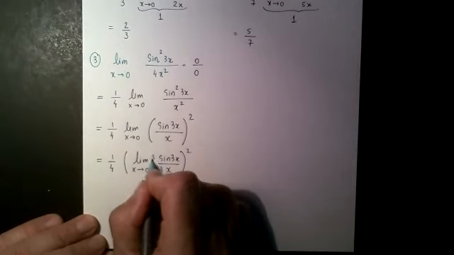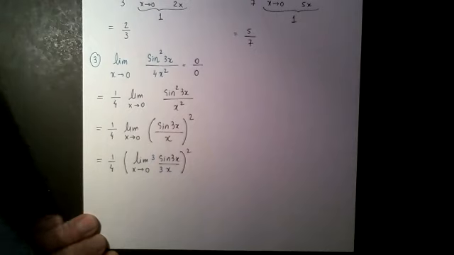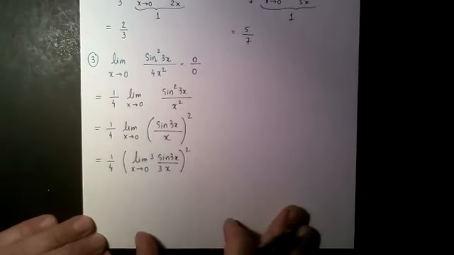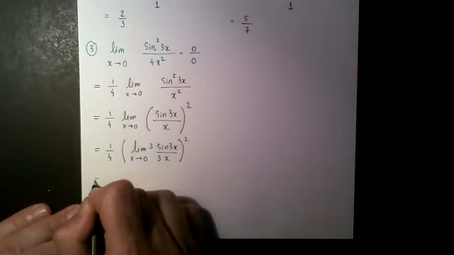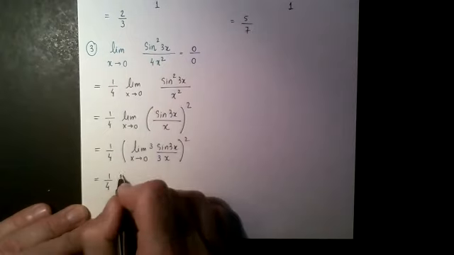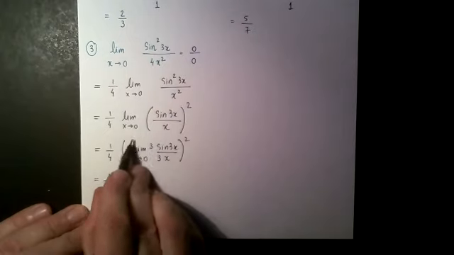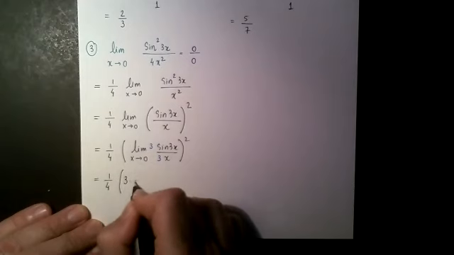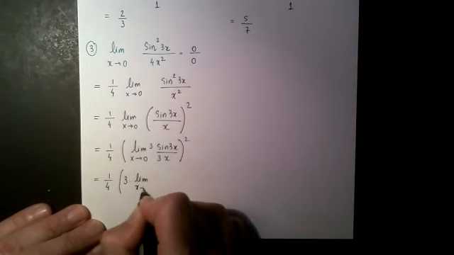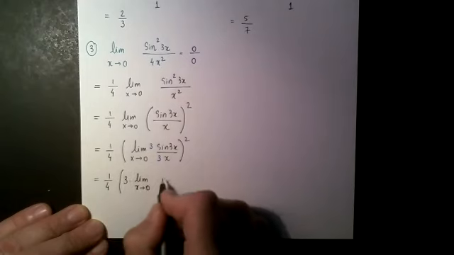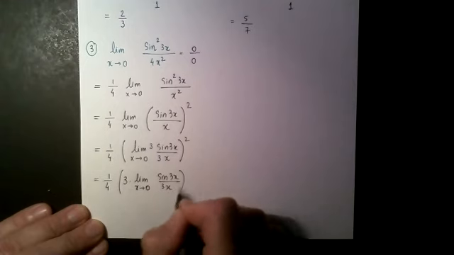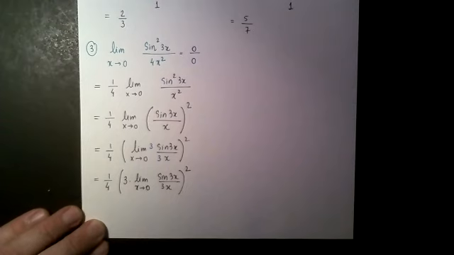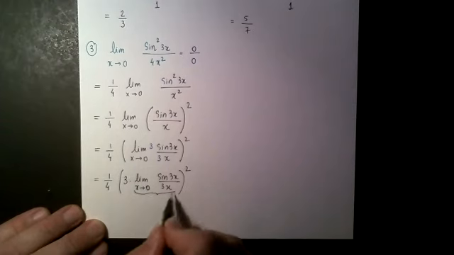So I just multiply by 3, multiply by 3. And so I have 1/4. I could pull the 3 out of the limit: 3 times the limit as x approaches 0 of sine 3x over 3x, squared. And now I recognize that this is 1.